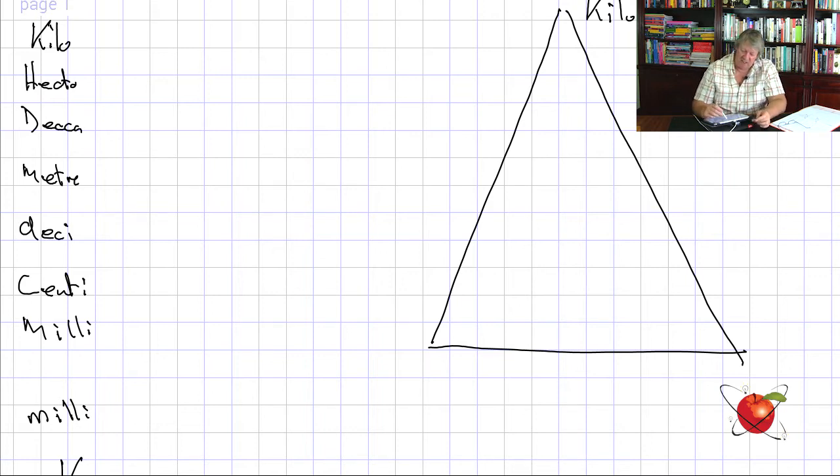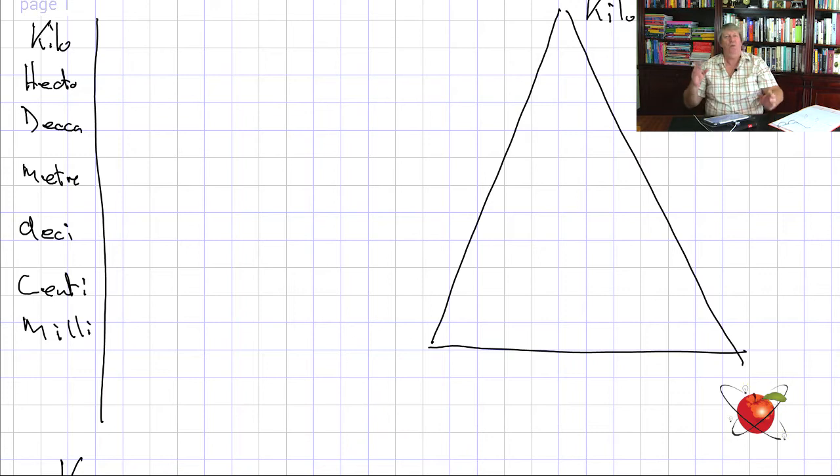Now, let's just say to ourselves, well, hold on. What are we going to be converting? We're going to be converting units. First of all, we're going to be converting a unit of length, a single line, a piece of string.